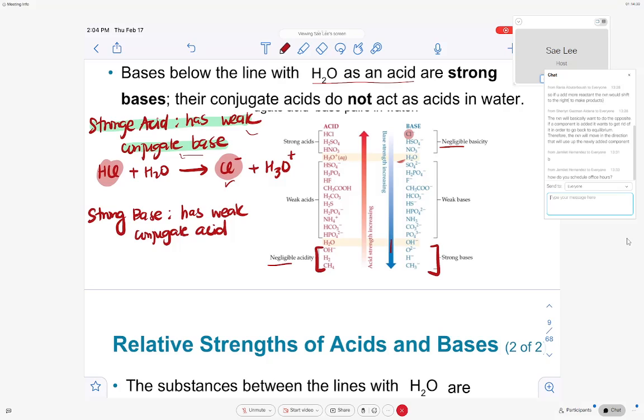It is very rare that these acids donate a proton. So this is a takeaway: strong base has weak conjugate acid. These conjugate acids have extremely low acidity. They have almost no tendency to donate a proton.